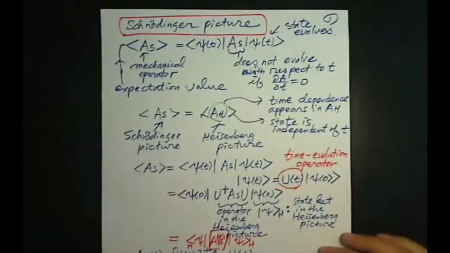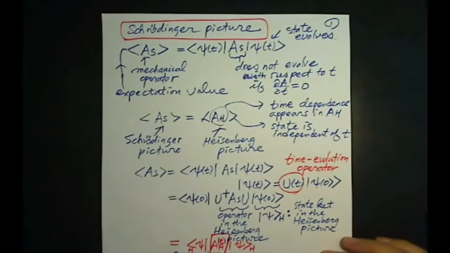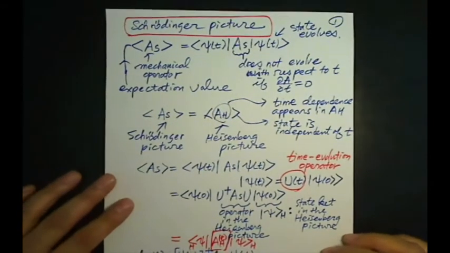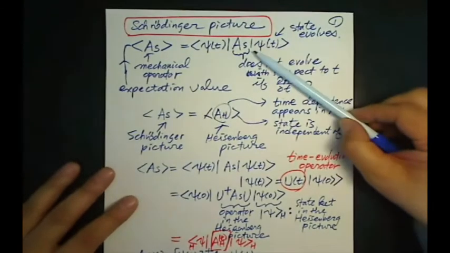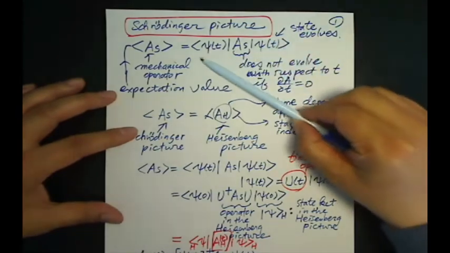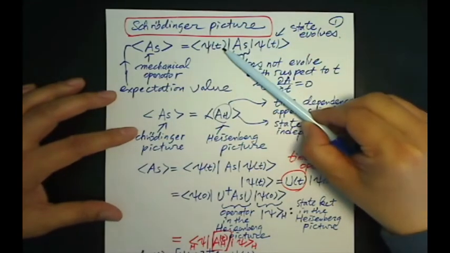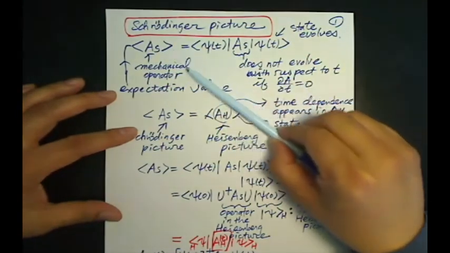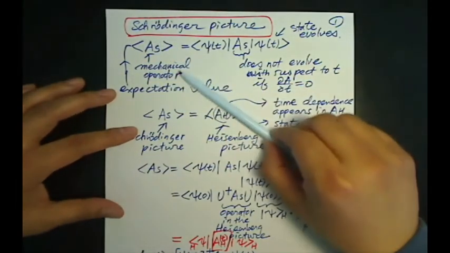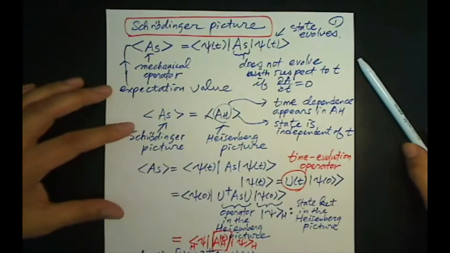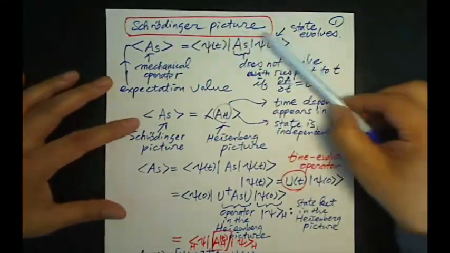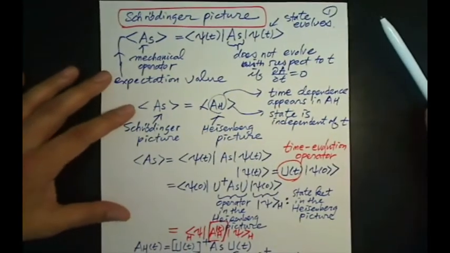Next, we consider the Schrödinger picture and Heisenberg picture. In the Schrödinger picture, the operator does not evolve, and only the state ket evolves as t goes on. So, the average value of a mechanical variable is evaluated in quantum mechanics as the operator sandwiched by the state ket and bra.